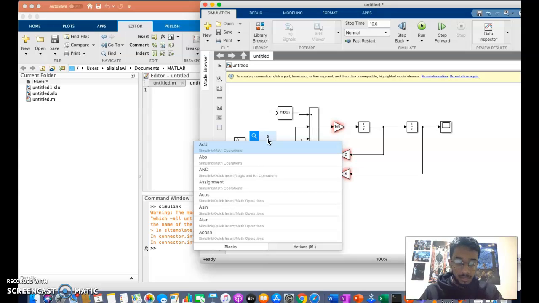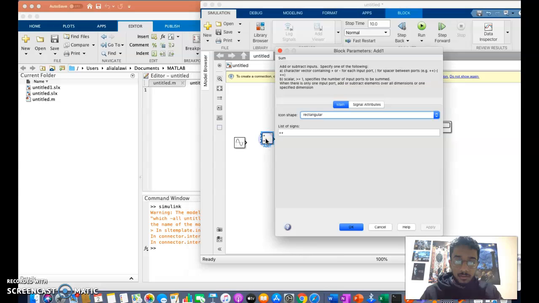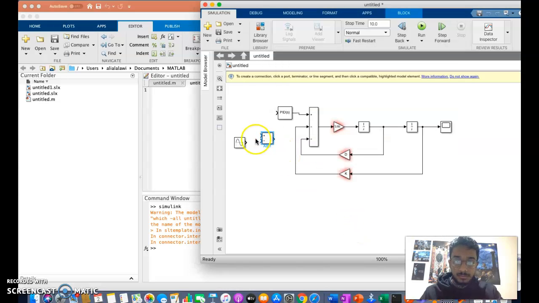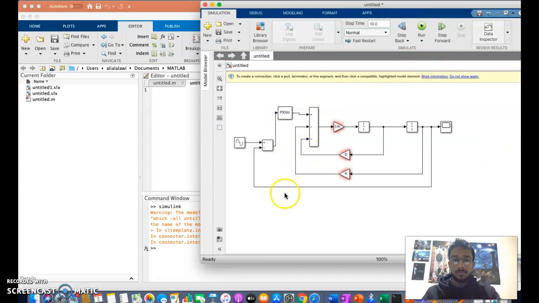So we will need a feedback from the result, and we will get the feedback from there, and we will connect it to our PID controller.